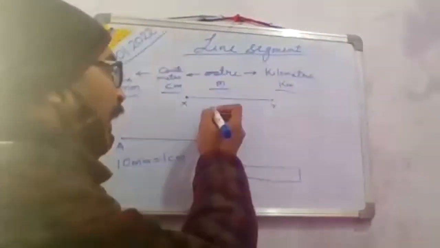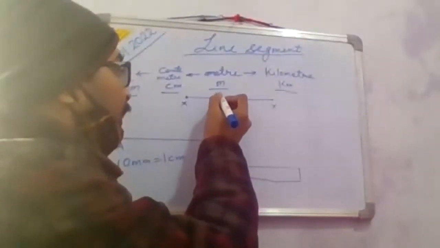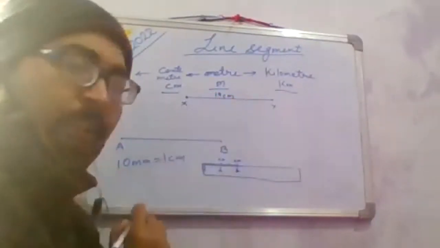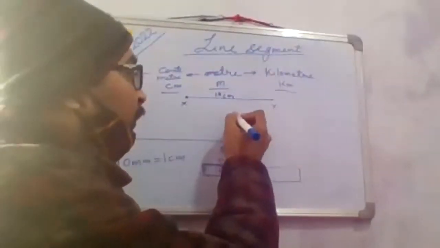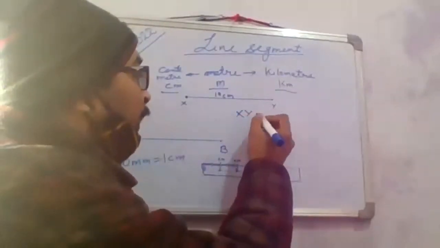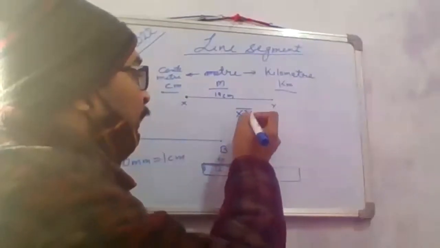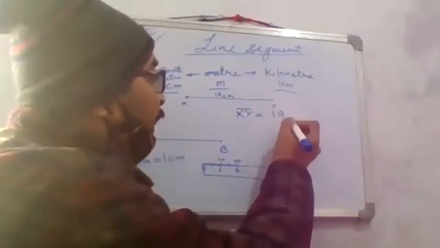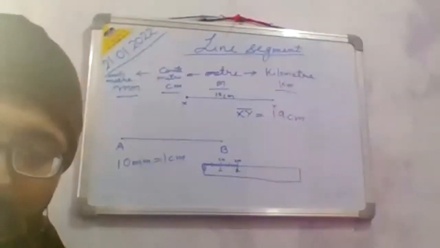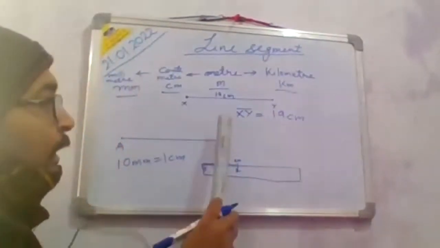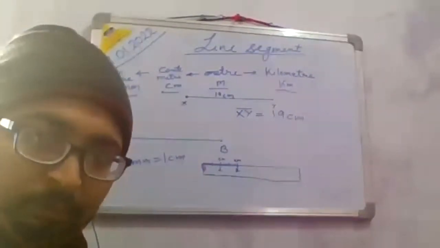So we will write it this way: 19 centimeter, and we can write here XY is equal to 19 centimeter.